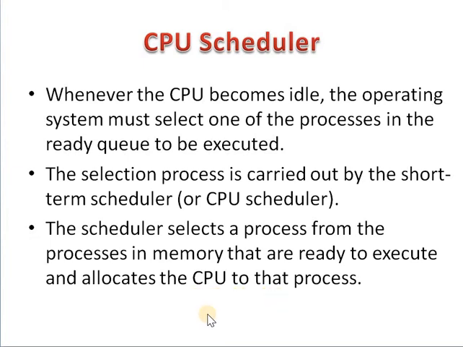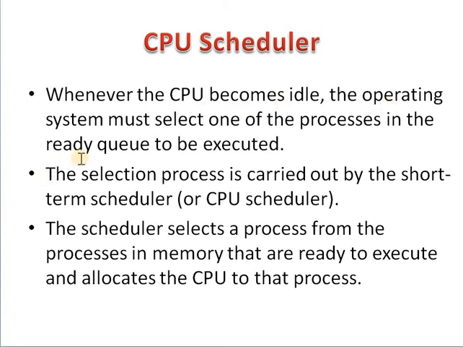That means in the CPU scheduler, whenever the CPU becomes free, whenever the CPU becomes idle, at that time the operating system selects one process for execution, and that process is selected from the operating system's ready queue. In the ready queue, the processes that are ready for execution are stored.